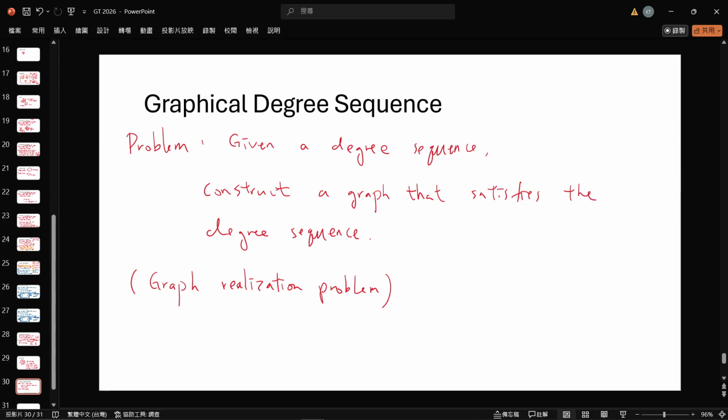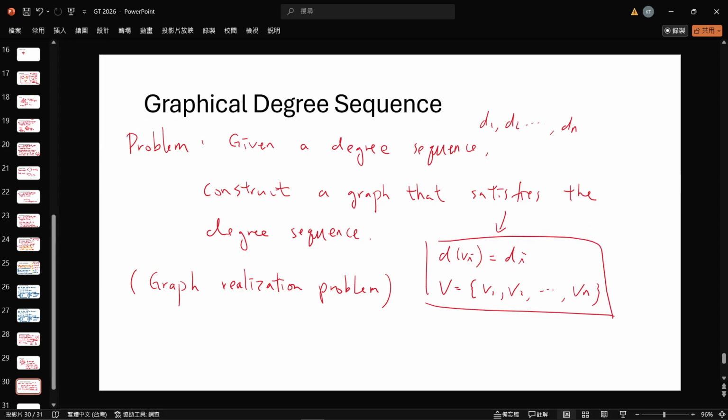By "satisfies", I mean, given the degree sequence, now we know that it has n degrees, which means the graph has n vertices.